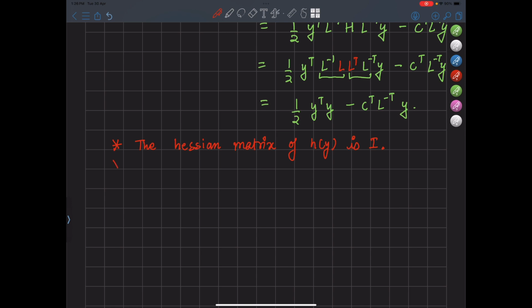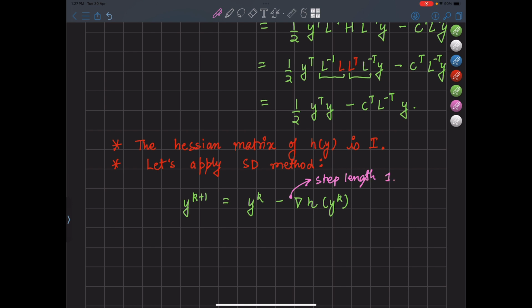So let's apply the steepest descent method. y(k+1) equals y(k) minus delta h(y(k)). Here, just to simplify things, we assume the step length to be 1.